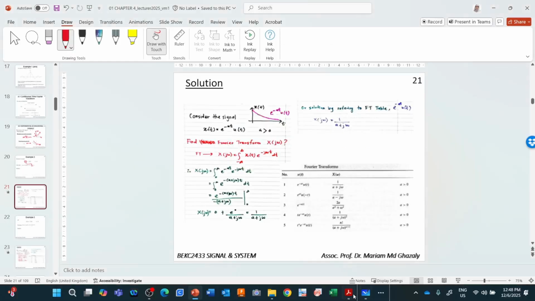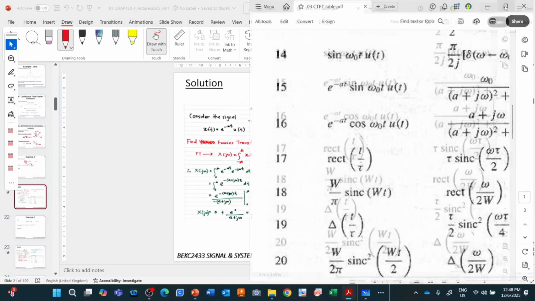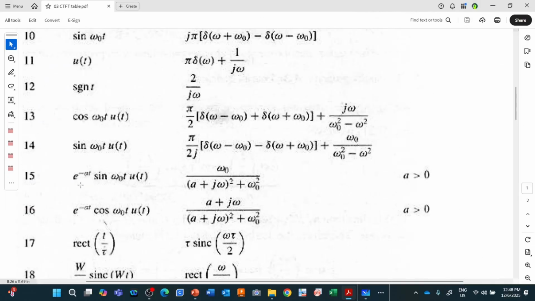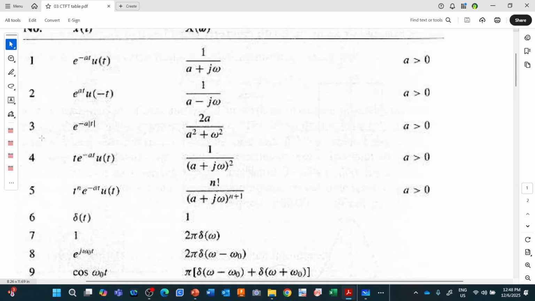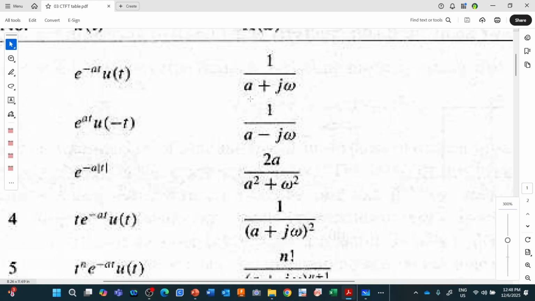If you look at the table, exponential is at number which one? Number 3? Sorry, number 1. Okay, this one. So the solution that I have in the slides, go try to follow it and understand why it comes like that, and this is how you prove it.